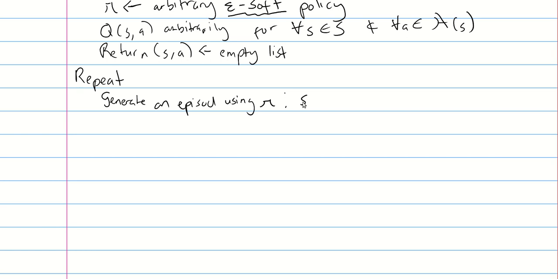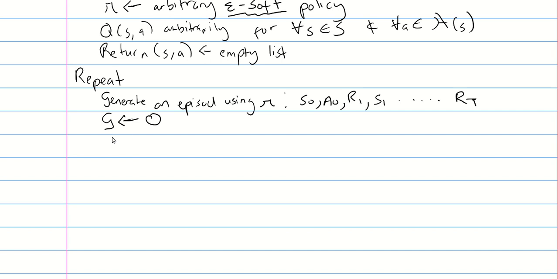So this should give us S0, A0, R1, S1, all the way until we reach some value RT. This is from lecture 1 or 2, like how we actually generate episodes. So we generate an episode using pi, and after that we're going to set G, the return, to be equal to 0, right?